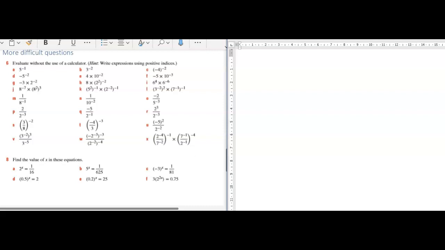P. So let's have a look at S. I'm going to try to do as many different ones as I can, although P and M were very similar. Okay, so the negative 2. When you have this power out the front of your bracket, and you've got a fraction within the brackets, the negative 2 applies to the 3 and the 8. So it's going to be 3 to the negative 2 over 8 to the negative 2.